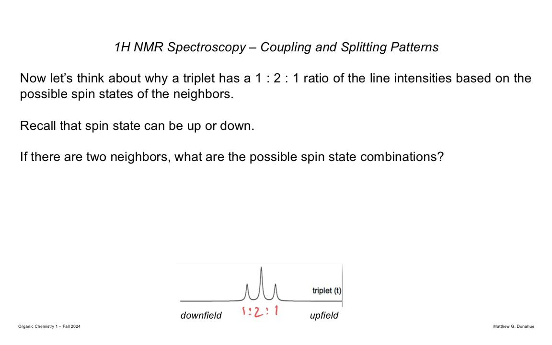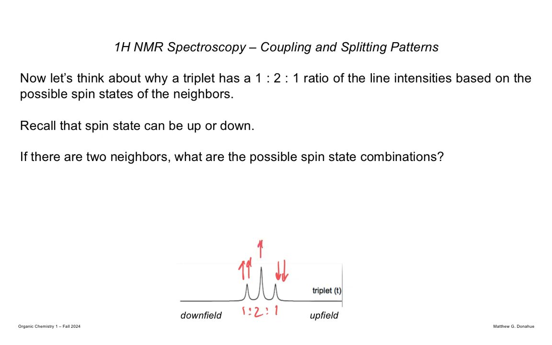And so if you have two hydrogen neighbors, then you look at what their spin states can be. So they can both be up, or they can both be down, or you can have a combination of those.